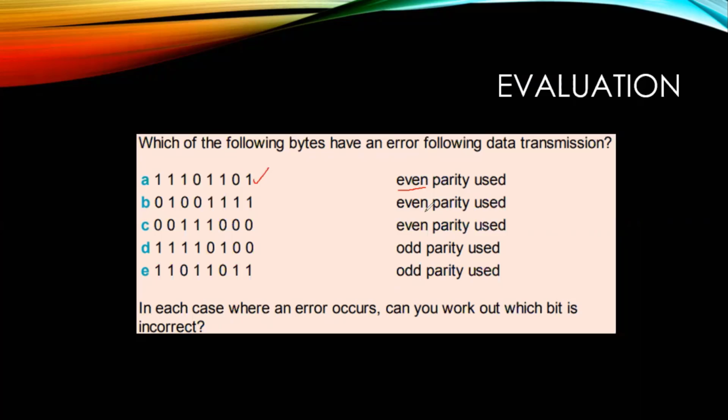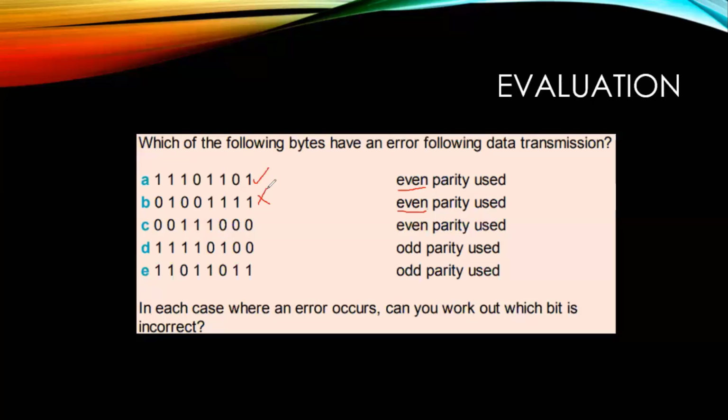Now the second one, we're using even parity again. So if you count the number of ones, 1, 2, 3, 4, 5. So since it is even and 5 is not an even number, we understand that this byte here has been transmitted incorrectly.